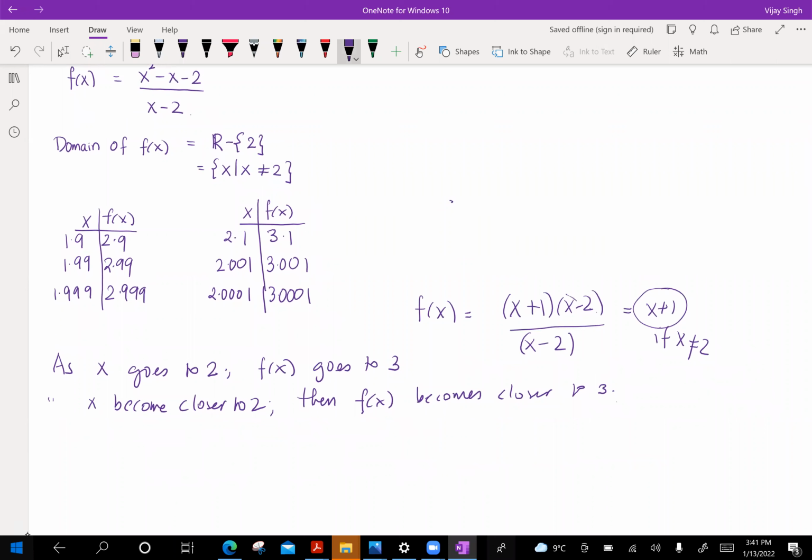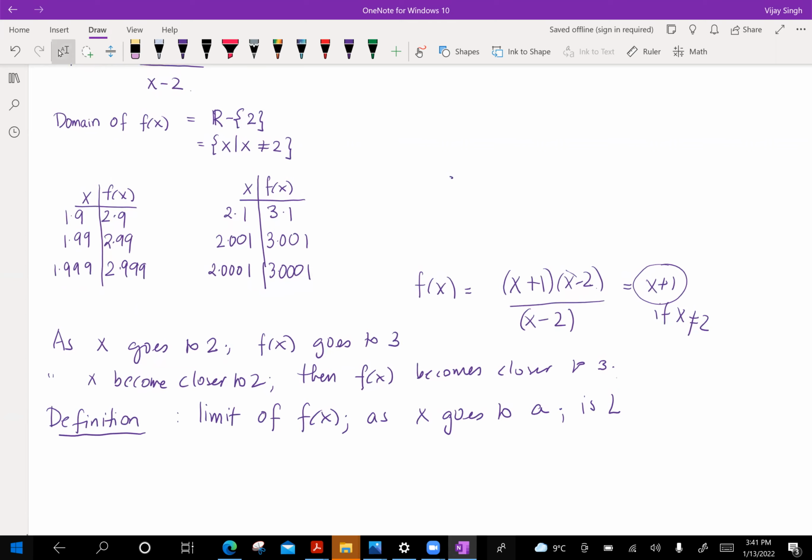So we have a definition now. We say limit of f of x as x goes to A is L. I'm trying to generalize the earlier one.